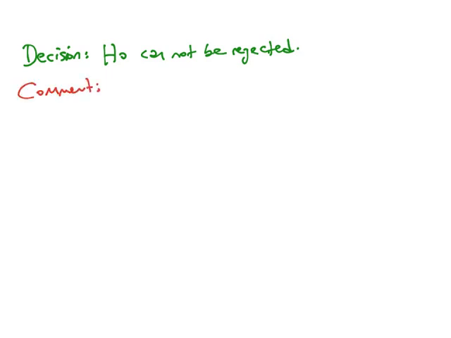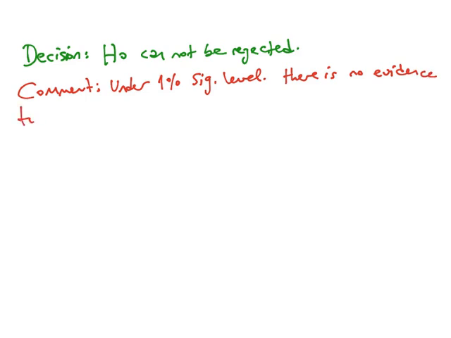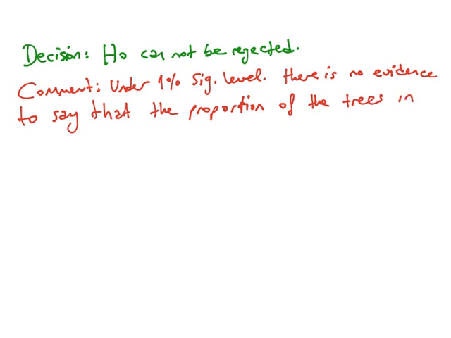As a comment, it means that under 1% significance level, there is no evidence to say that the proportion of the trees in the US is, sorry, I need to look, is more than the ones in Mexico.